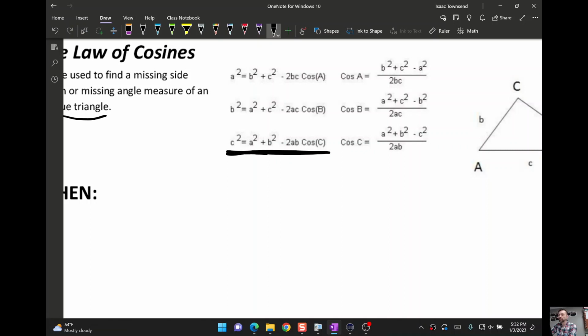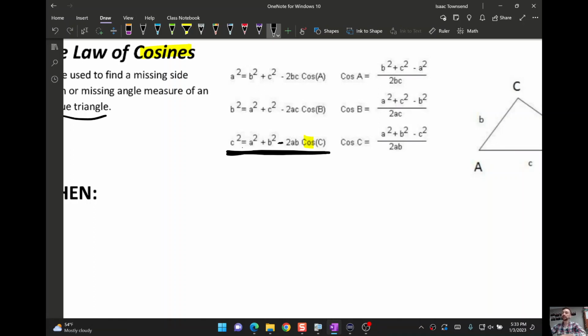The one that I kind of like to point out is this one. Now, I don't know, 4 or 5 years ago we used to make students memorize these before we just decided it wasn't important. But if you look at the first part of this, it's really just Pythagorean theorem. A squared plus b squared equals c squared. But Pythagorean theorem only works when it's a right triangle. If you tack on this minus 2ab cosine c, cosine because it's law of cosines, then you've got a formula that's just about ready to solve for c.